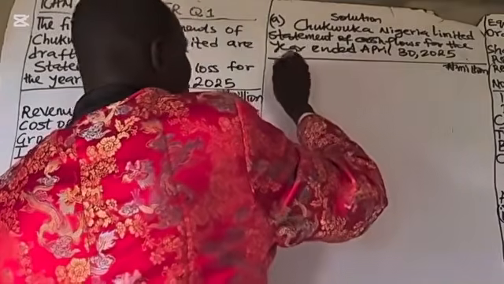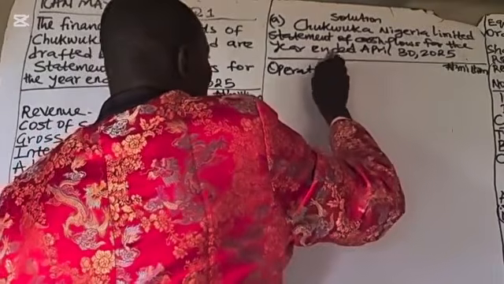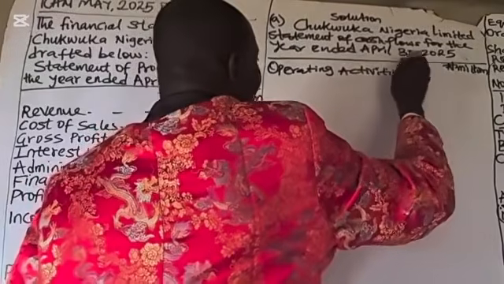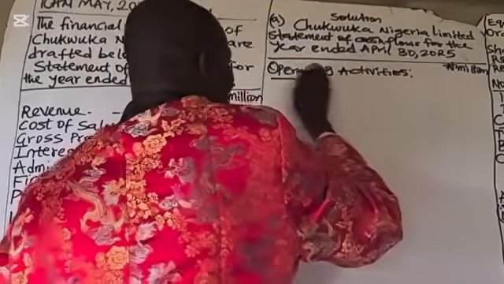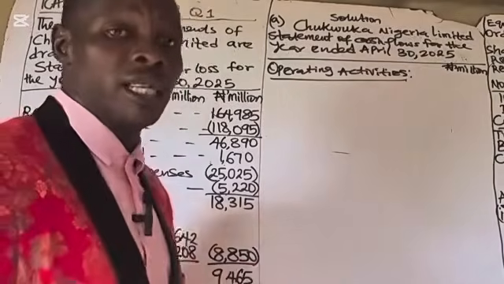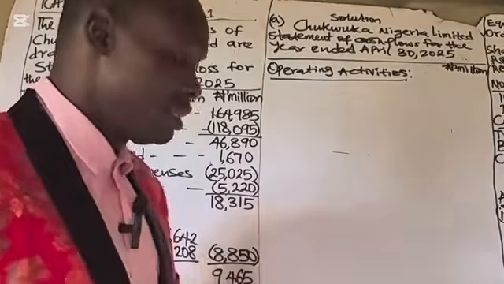The first heading is the operating activities. I've told you that in this section of the statement of cash flows, you want to reconcile the operating profit to the cash flows from the operating activity.